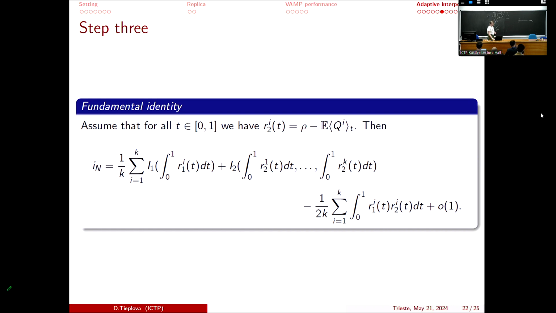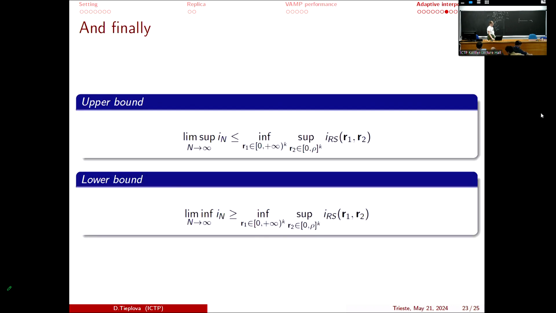So the last step is just to prove, through some convex property of the mutual information, that we can put them outside, and that our mutual information is indeed connected to this replica mutual information through this inf sup. We also know how to find it: first we need to find the supremum over R2 and then the infimum over R1. And I think that is it.